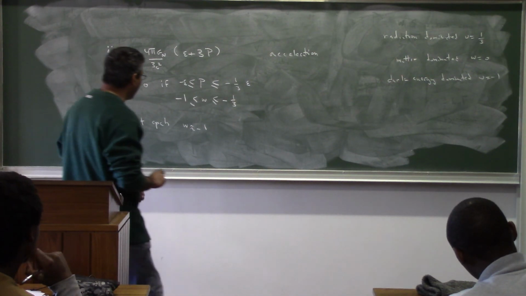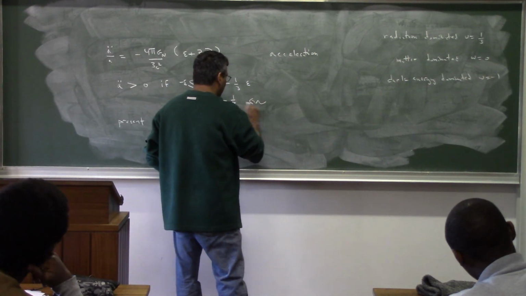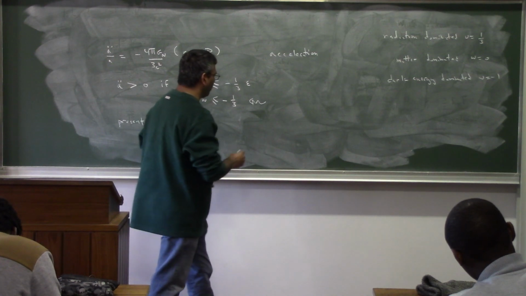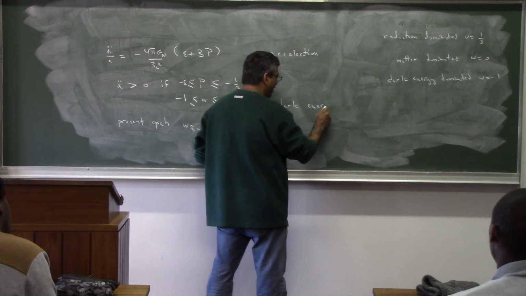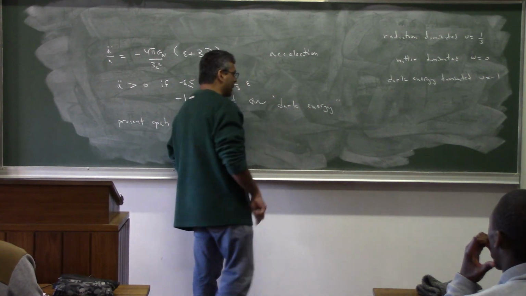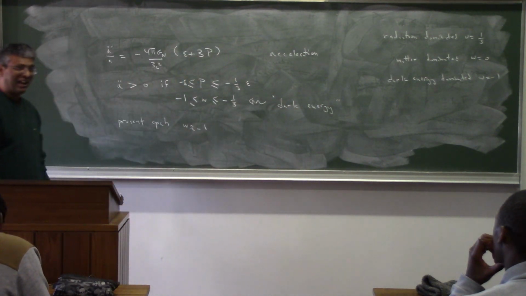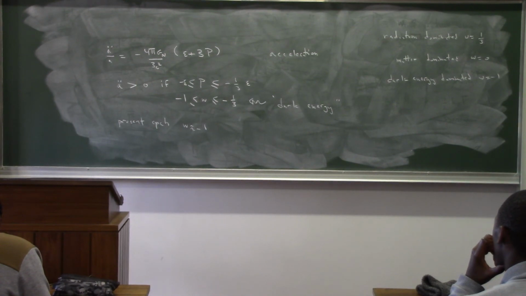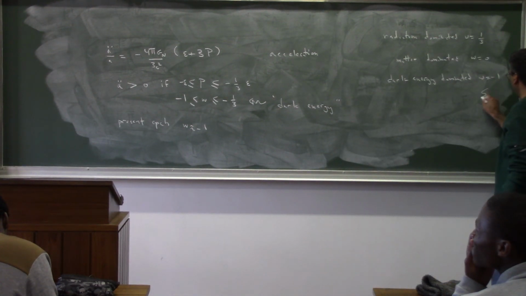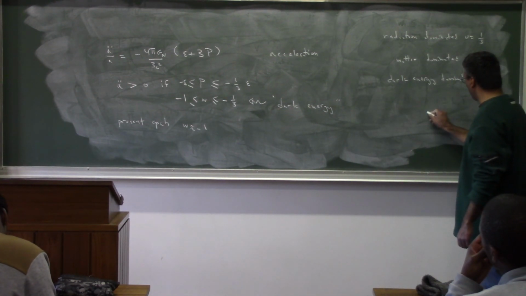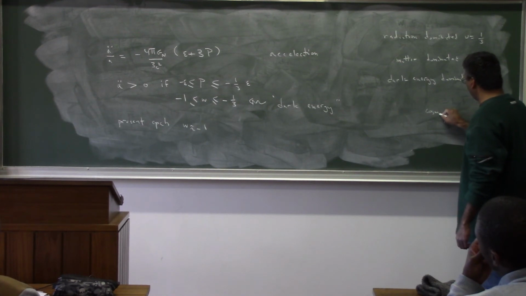So objects with w in this interval are referred to as dark energy. And there are various models for what dark energy is. We don't actually know what dark energy is. We don't know what w equals minus 1 is, but one candidate for w equals minus 1 is the cosmological constant.